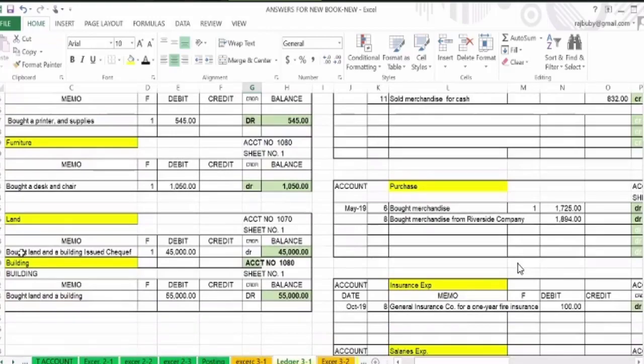Land, the narration, page number, and debit entry. The balance is 45,000 debit.